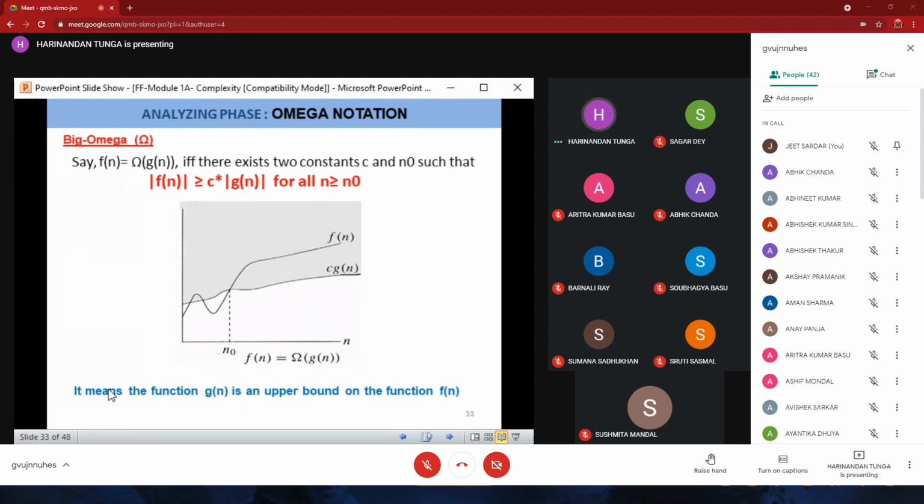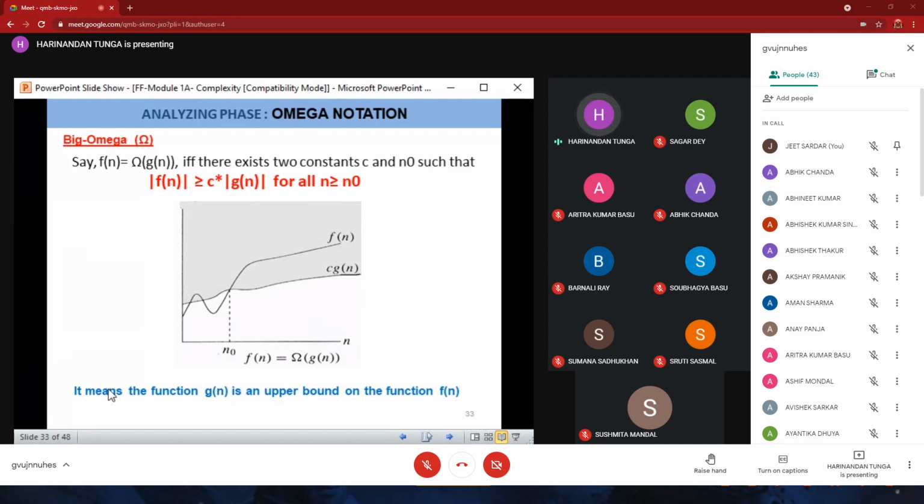So in this slide there is one diagram, a graphical representation of f(n) and g(n) plotted in the graph. Look at the graph, very interesting, just the opposite of the big O notation definition.